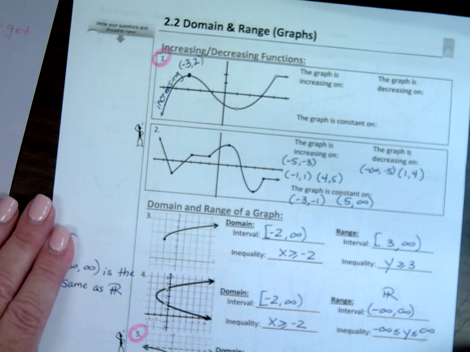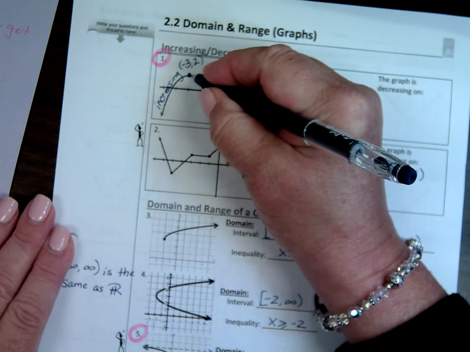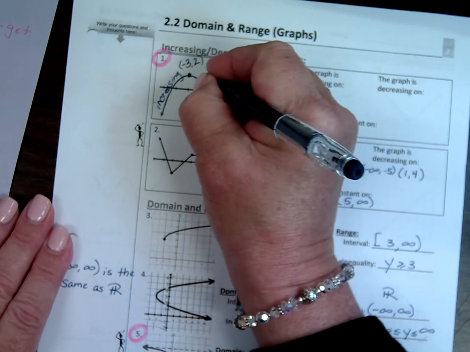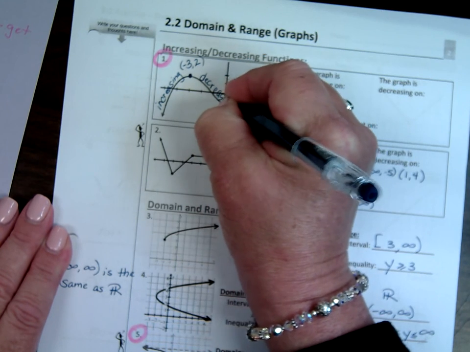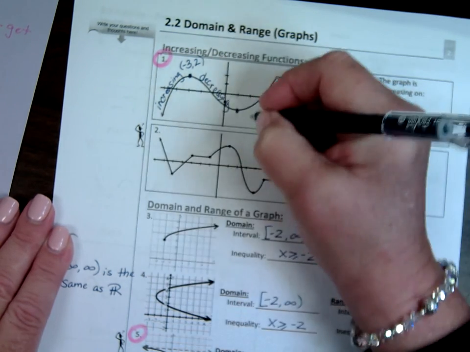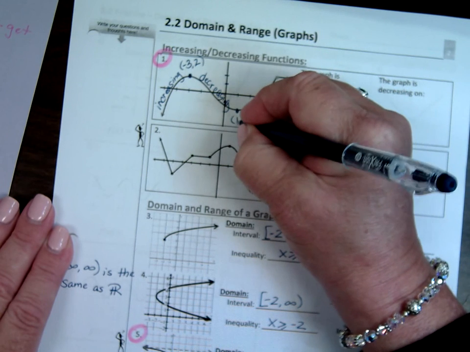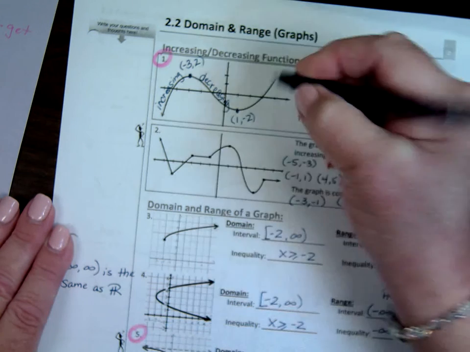Let's keep reading the graph, and then I'm going to go back and answer the question. Then my graph, if I'm tracing, starts going down. So for this part of the graph, now I'm decreasing until I get to this point. And I'm going to estimate about where that one is, and I'm going to say that that's at about 1, -2. And then I'm on the road again with my graph, and I'm going to trace it some more.